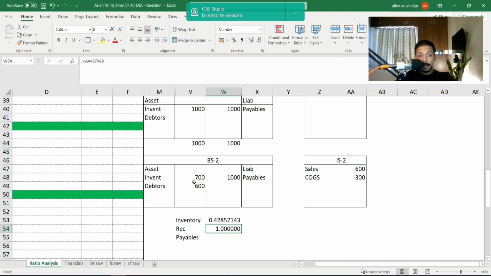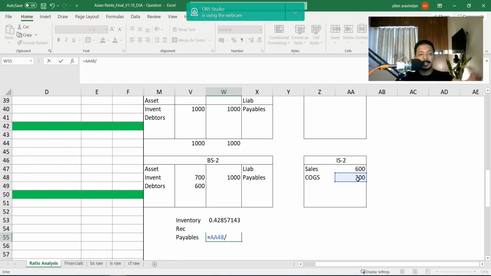If this was slightly lower, let's say 500, then it would be a different ratio. So just for simplicity's sake, I've taken that. And now payables is also related to your cost of goods sold, because cost of goods sold is what is coming from inventory, and your inventory is getting paid by some source, either cash or creditors.